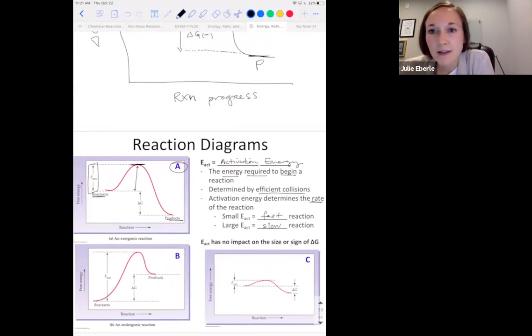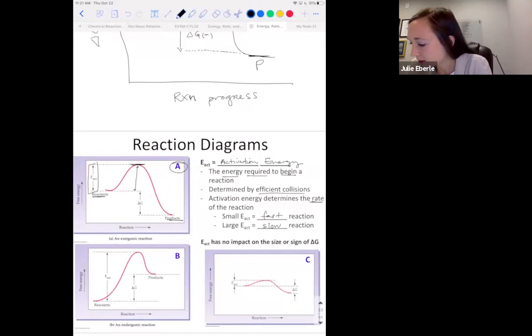which one do you think is the fastest reaction? Fastest rate? I wish I would have made this a poll question, but I did not. You can type it in the chat. You can unmute yourself. Which one looks like the fastest one to you? Jenna says C. Tucker says C. Yeah, everybody agrees.